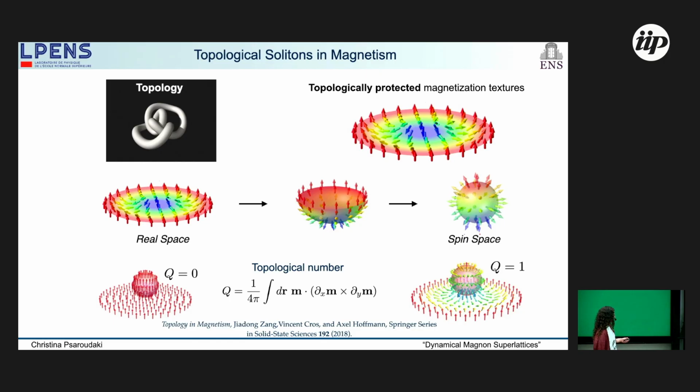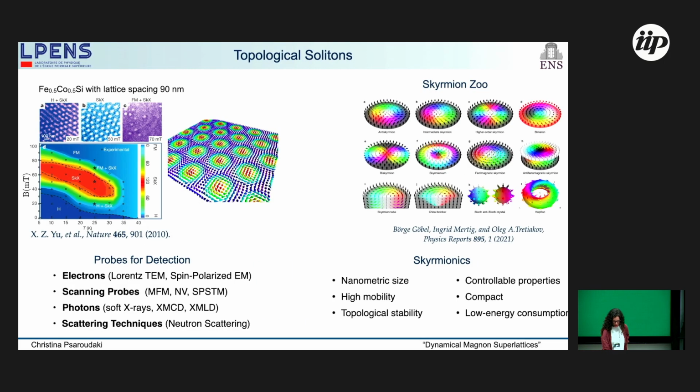The topological number that will appear several times in this talk is calculated by a formula that is given here, where M stands for the magnetization texture, the magnetization field. Originally, skyrmions were observed in a skyrmion lattice, as you can see here, in certain materials at relatively low temperatures, in a particular pocket of the phase diagram in terms of magnetic field and temperature.